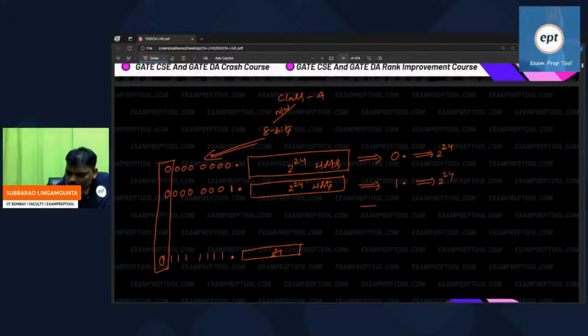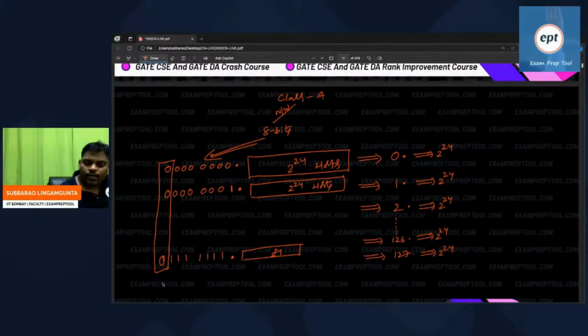Class 2 network, 2 power 24. Lastly, can you see this one? Lastly, class 126, 2 power 24. Last number, class 127, 2 power 24.